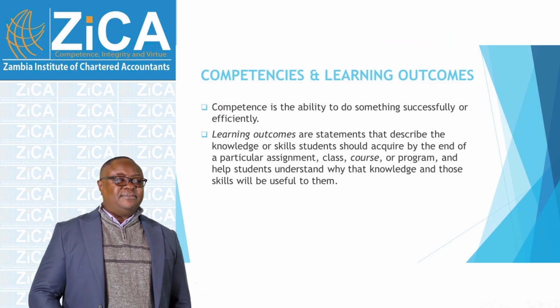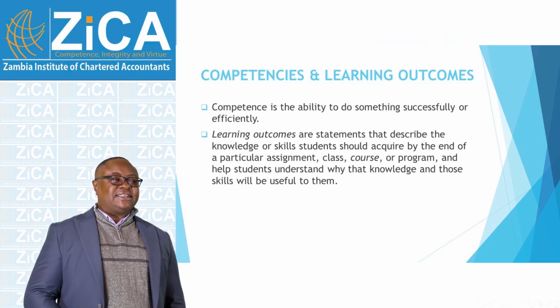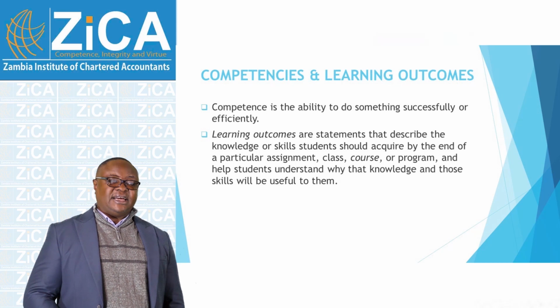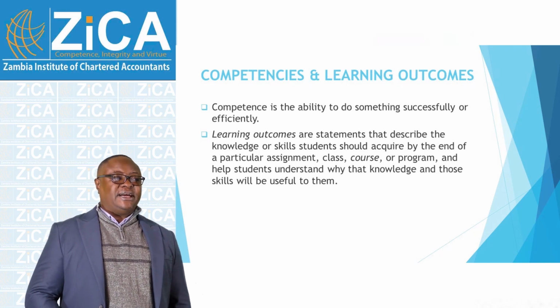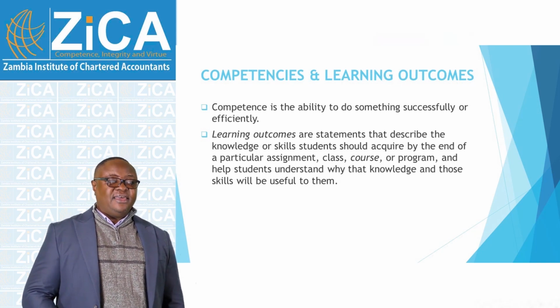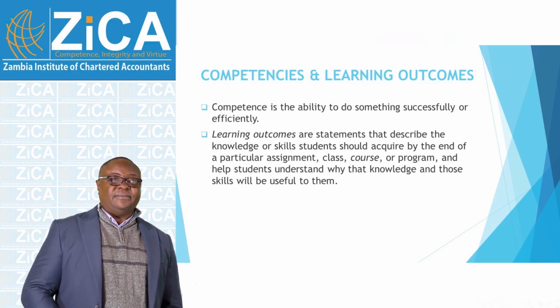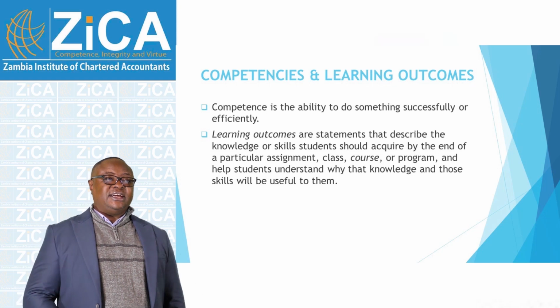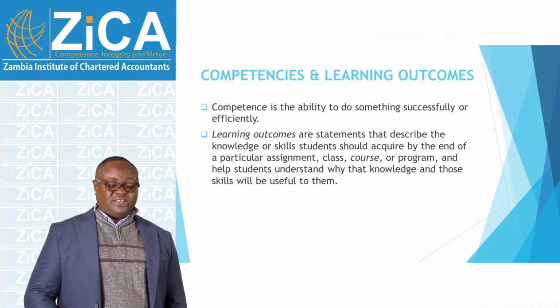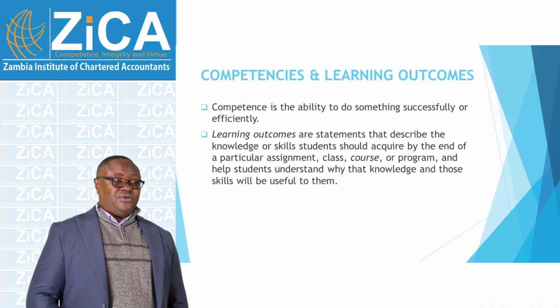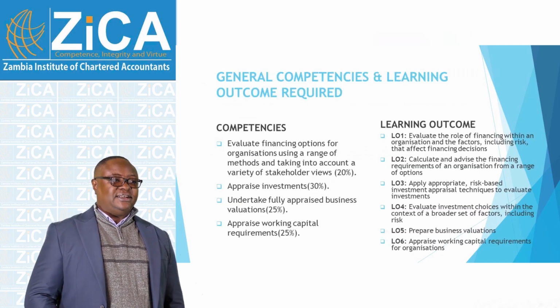Learning outcomes are basically statements that describe the knowledge or skills students should acquire by the end of a particular assignment, class, course, or program, and help students understand why that knowledge and those skills will be useful to them. So these learning outcomes that are required in this particular course, you need to know them.